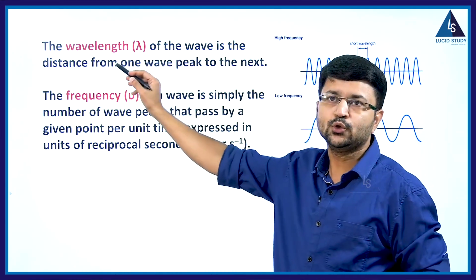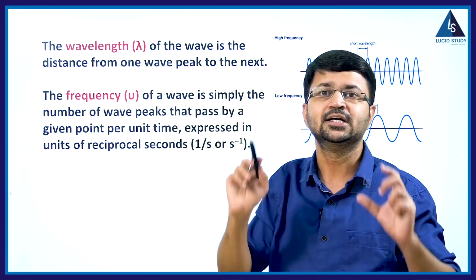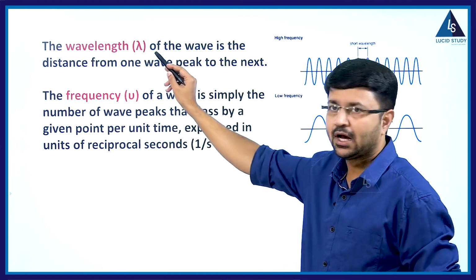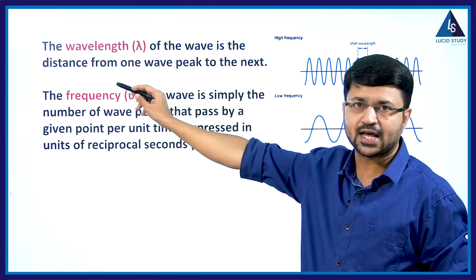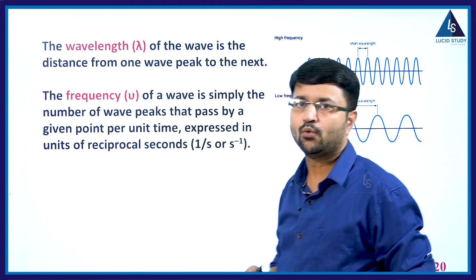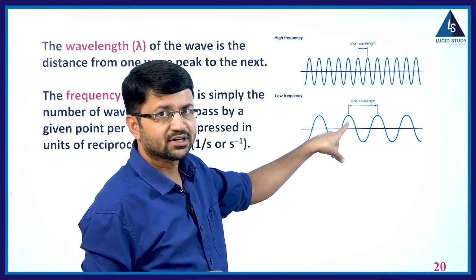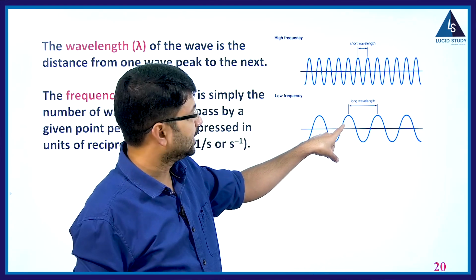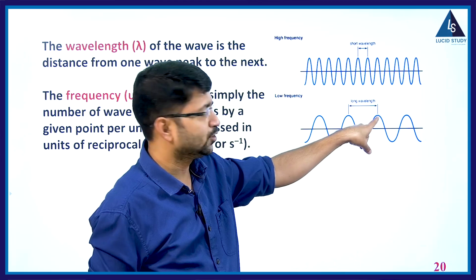First of all, what do you mean by wavelength? See, as I said earlier, wavelength is symbolized by lambda. Now this wavelength is nothing but the distance from one peak of the wave to the next peak. Means what? So this is the first peak. Here you can see this is one peak of the wave, this is the second peak of the wave.